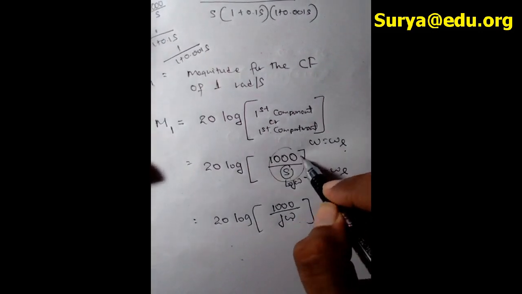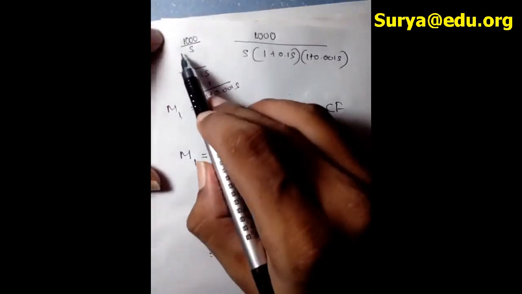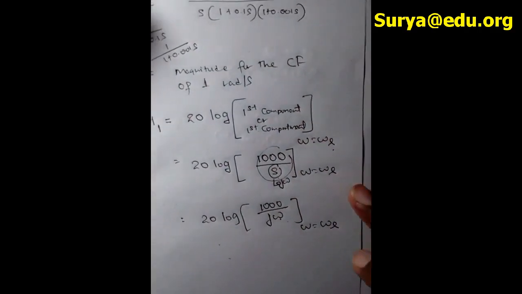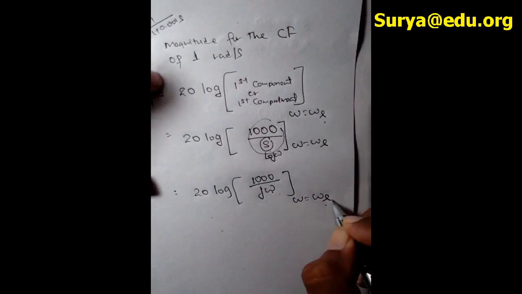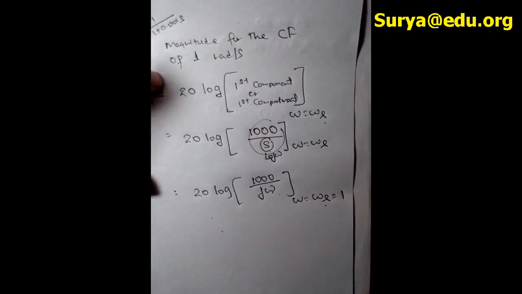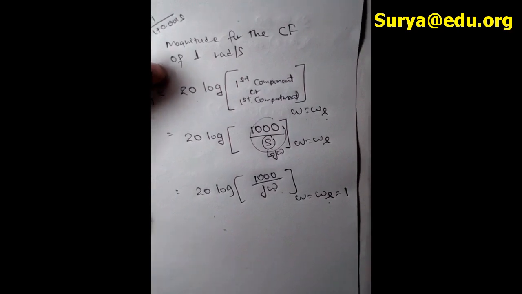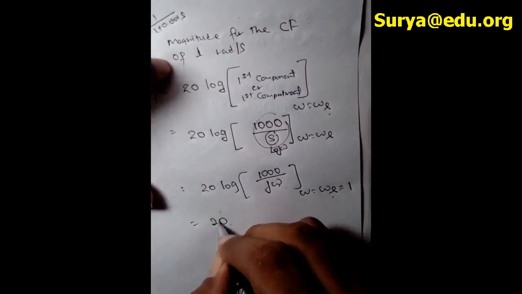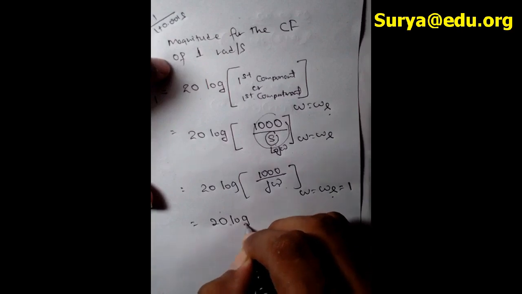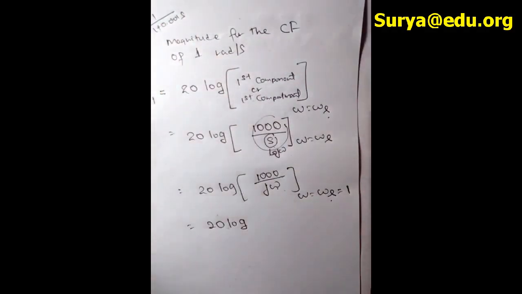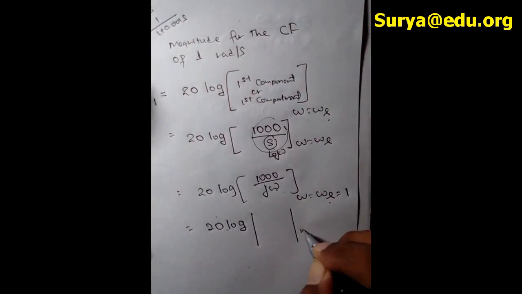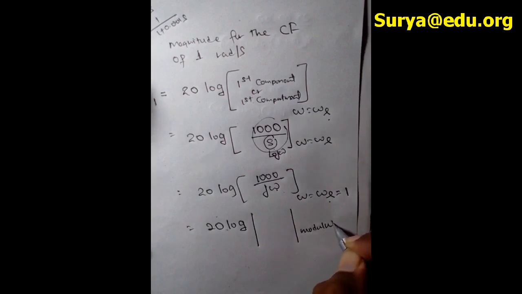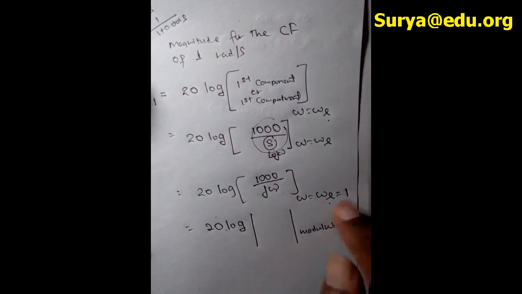What is 1000 divided by s? That is our first term. So what is our omega L? It equals 1, because omega L is 1 radian per second. So M1 equals 20 log, but it is not just log, it is the log of the modulus of the first term.